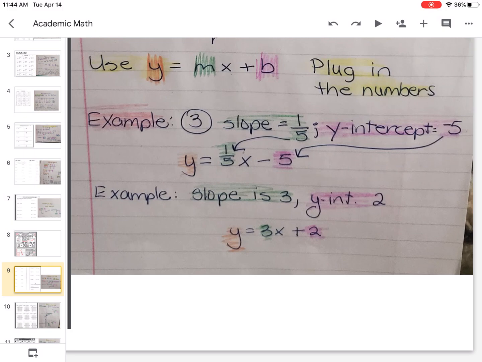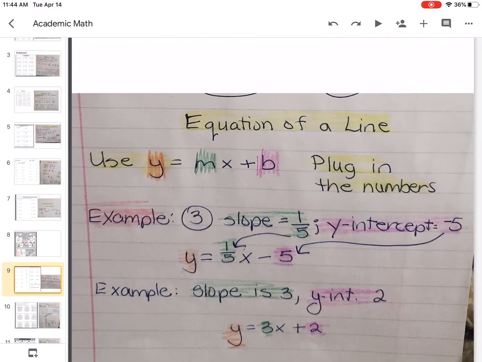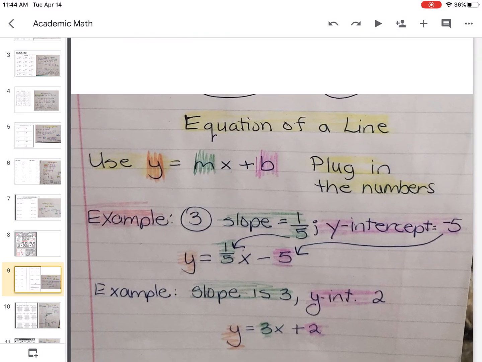Another example. Slope is 3. Y-intercept is 2. So plug it in, okay? You're always going to be using y equals mx plus b. The slope is green. The y-intercept is pink. You write that formula at the top of your page, color code it, and remember you're just plugging in numbers, okay?